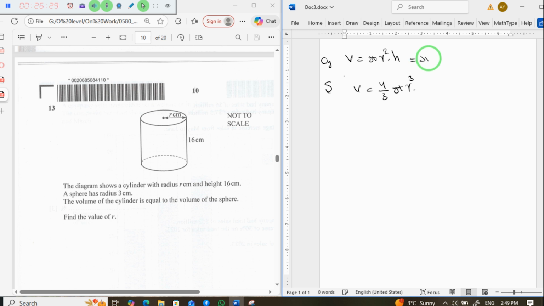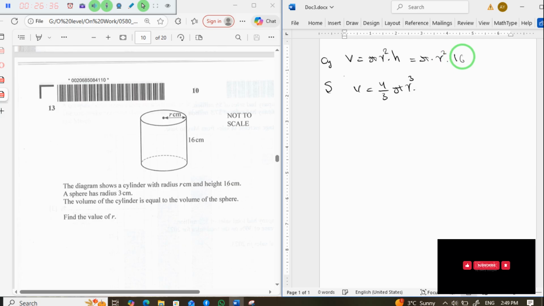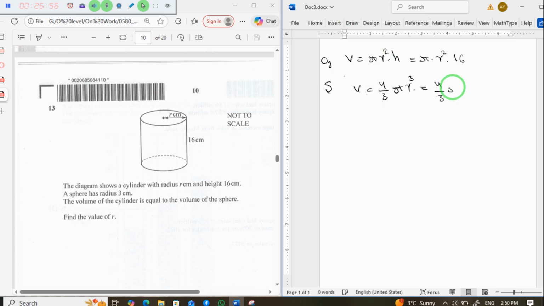So we put the values instead. Pi is on both sides. R is not clear in the cylinder, r square. H is 16 centimeters, so we write 16. In the sphere we have all values clear: 4 over 3 pi, but the sphere has radius 3 centimeters, so 3 cube.